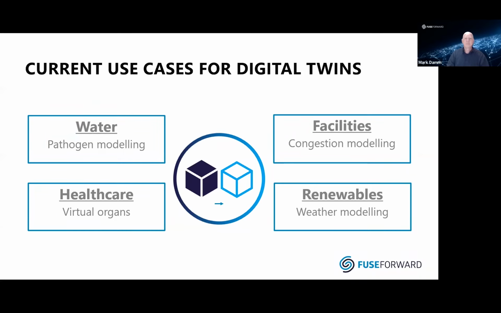So let's take water. There was a project we were part of that was looking at using spectrometer technology to monitor sensors and water flows in real time, measuring the different contaminants in the water against patterns and signatures so that we can do early detection of pathogens in water.